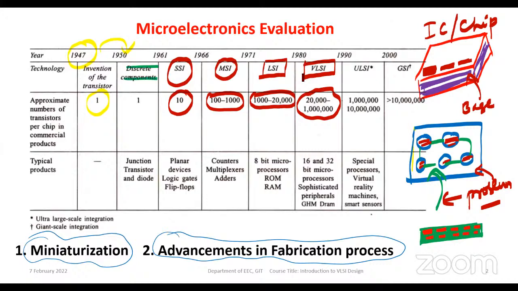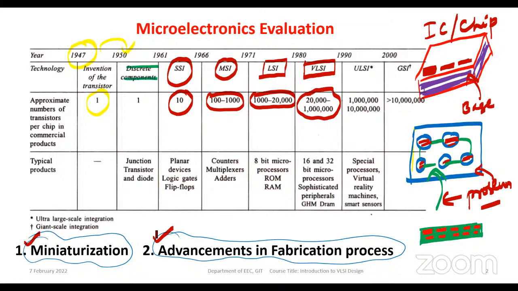Okay, so as I mentioned, this evolution, the changing of the range to another range of the number of transistors in an IC, is only because of the miniaturization and advancements in the fabrication process.